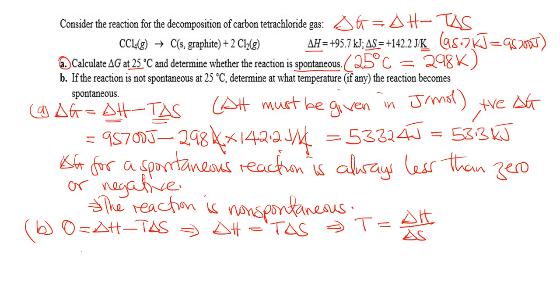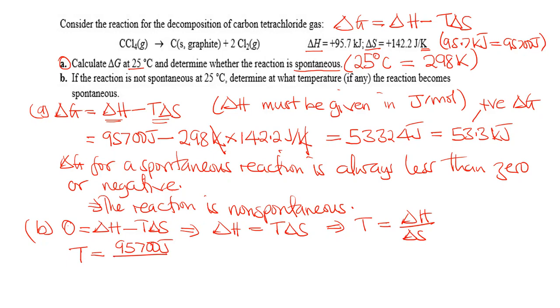So in our case, the temperature we are looking for will be given by delta H, which is 95,700 joules. Remember, always use joules instead of kilojoules.